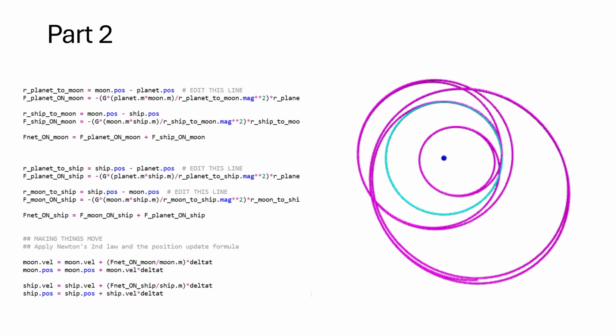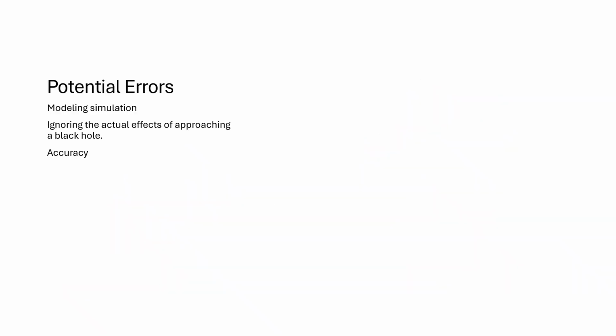After that we recalculate from the ship's perspective, and then we update both velocities and apply the gravitational equations to get our desired result.